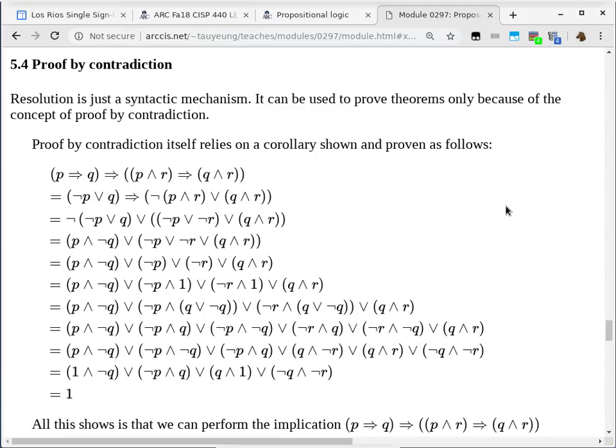Is that okay? Now, in addition to proving this using Boolean algebra, what is the other way to prove this? It's a recurring theme in today's lecture. That would be proof by contradiction. I cannot prove proof by contradiction using proof by contradiction.